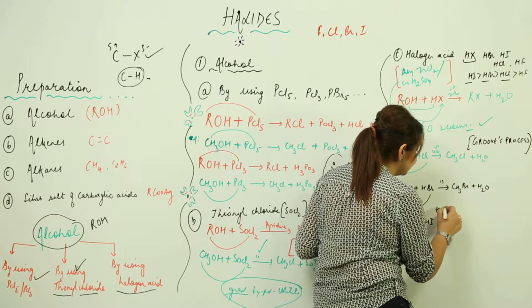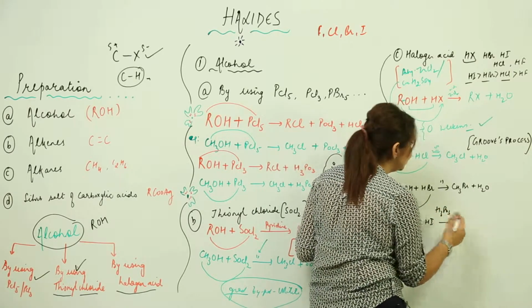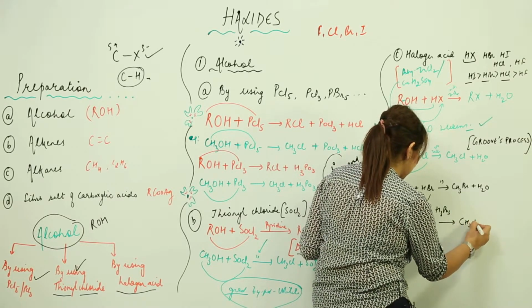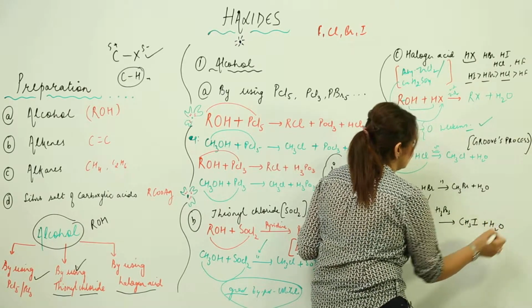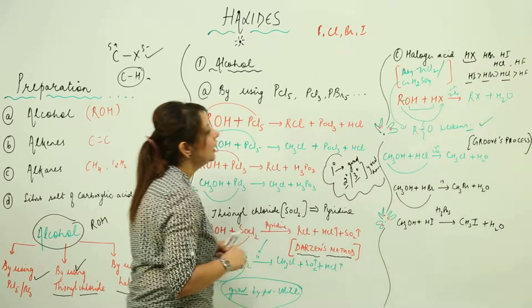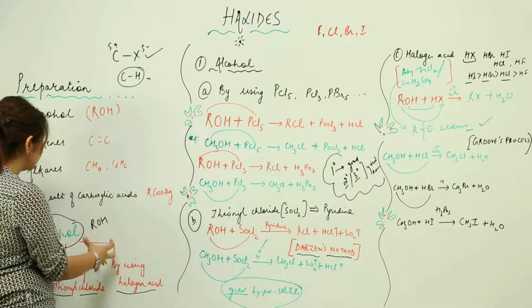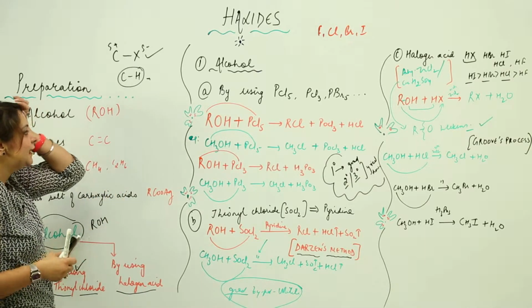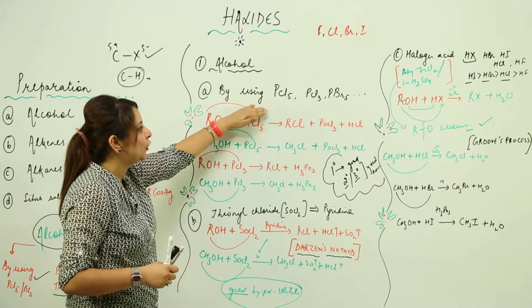What we prefer to take is phosphoric acid because we need a weak acid. So it forms CH3I plus H2O. So this is the reaction, that is by reacting these compounds with alcohol, you can form the haloalkanes.